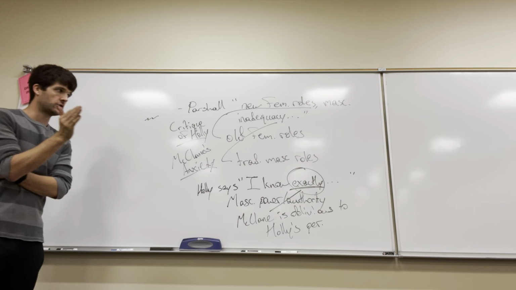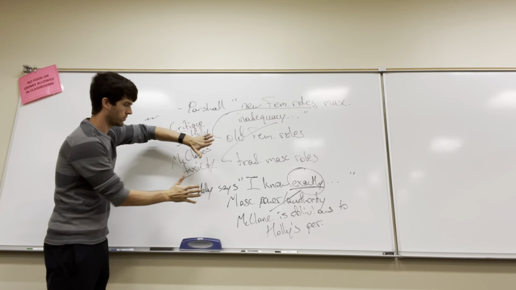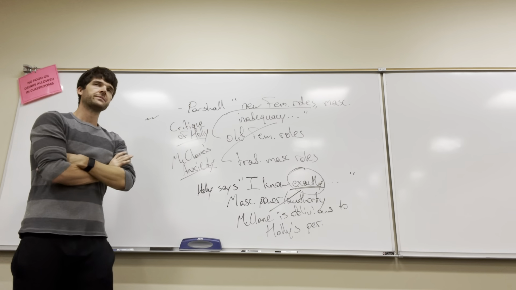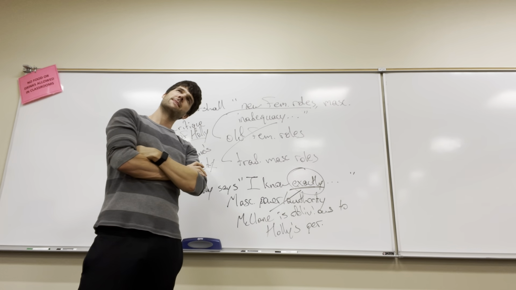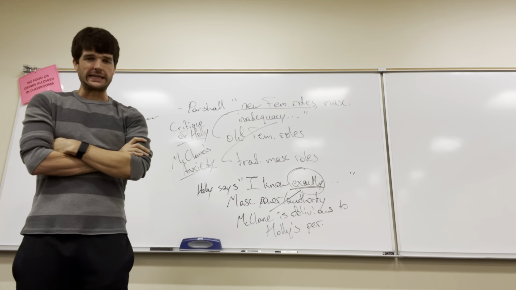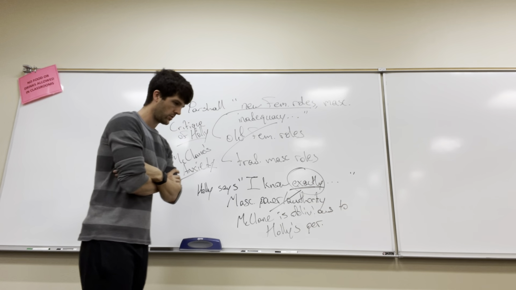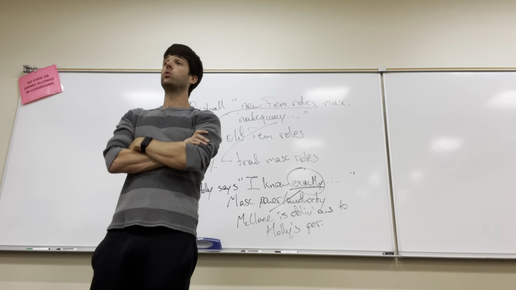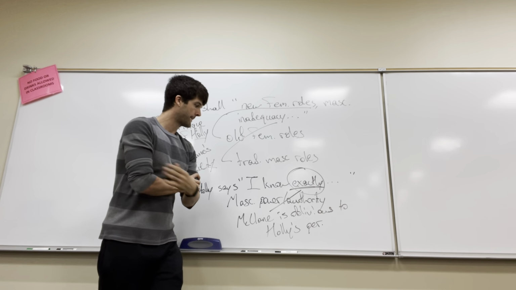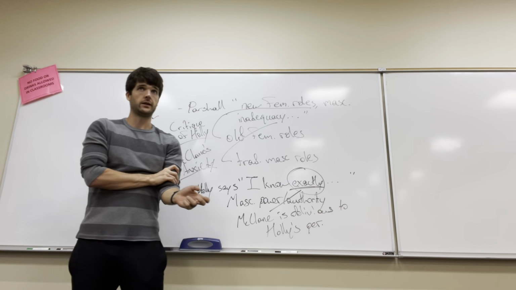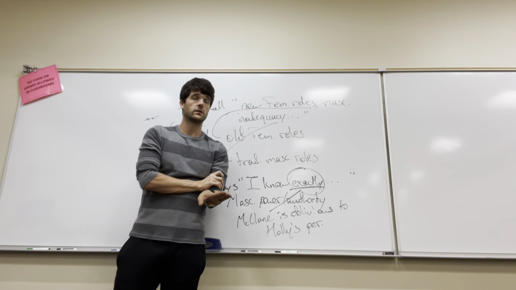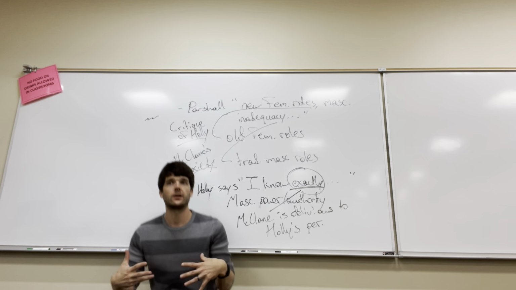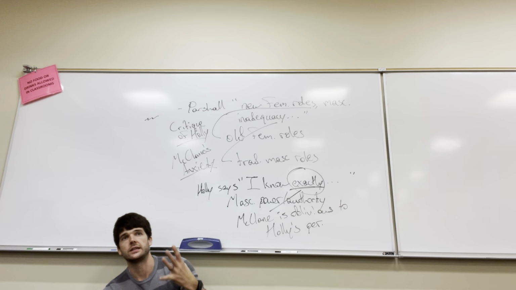Well, at this stage, forget about this for just a second because I just want you to work with this bottom part. What might it mean, or why might it matter, that not only does McLean maybe not see it Holly's way, because that's obvious, but what might it tell us that Holly knows that?